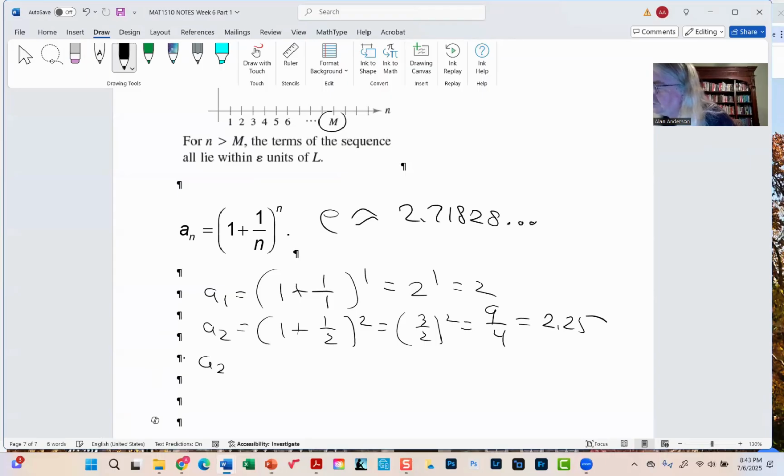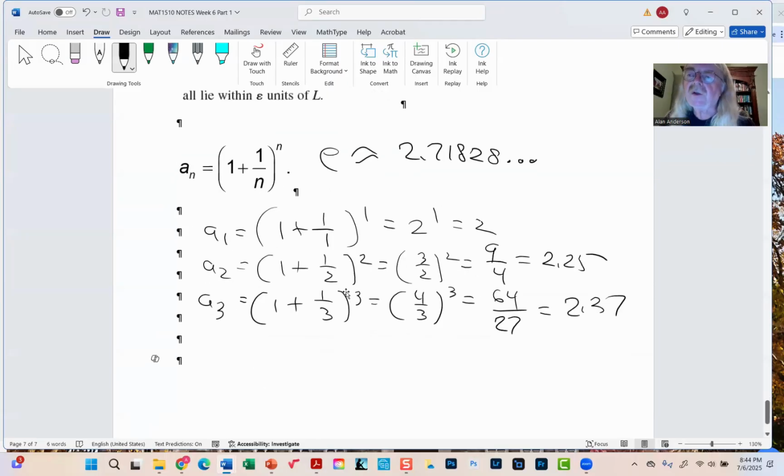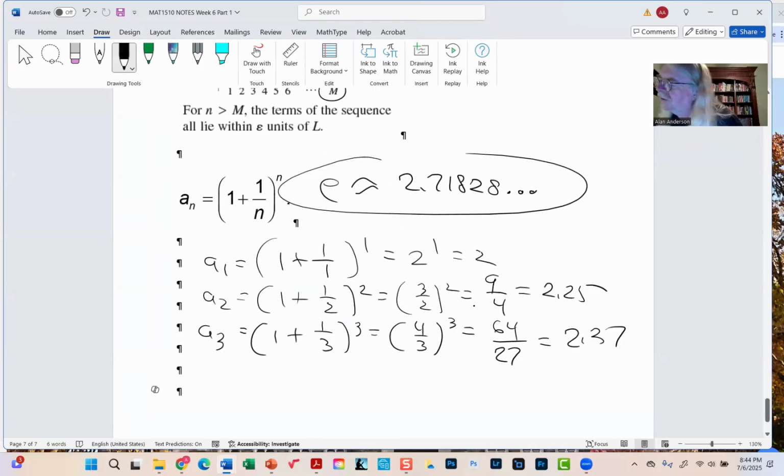So these numbers, so far we're looking pretty promising here. Whatever that is, 2.37. So you can see that as we keep increasing n, we are getting closer and closer and closer. So this particular sequence is convergent with limit e.